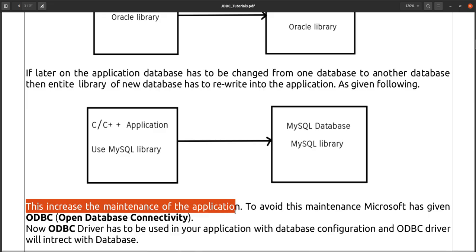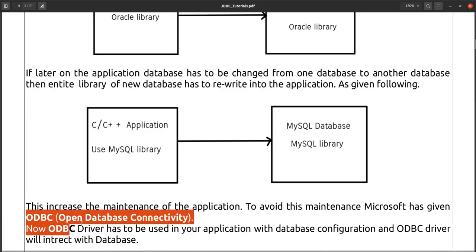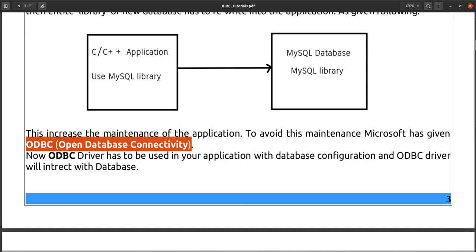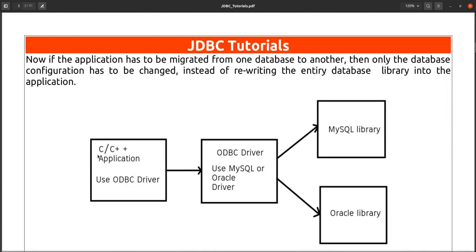To avoid this maintenance, Microsoft has given ODBC, the Open Database Connectivity driver. The ODBC driver is used in your application with the database configuration. Your C or C++ application will use the ODBC driver, and that driver has the configuration for the database, so the ODBC driver communicates with the database.